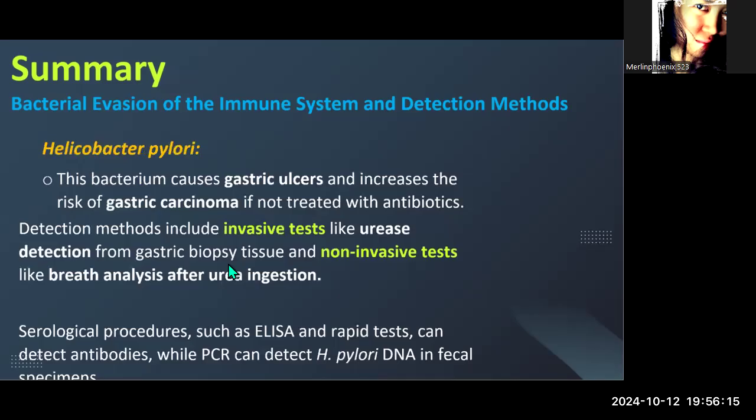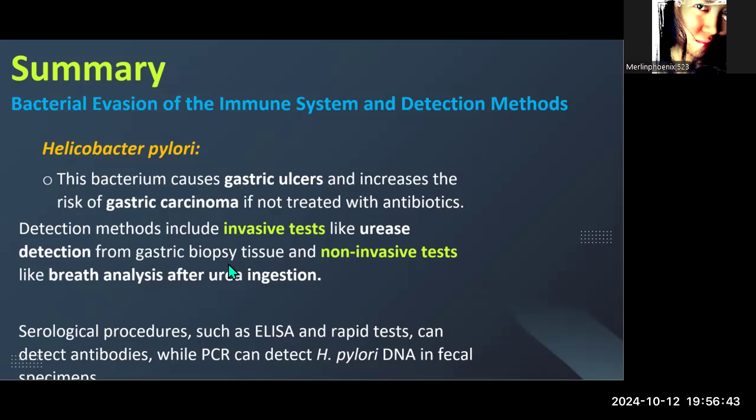For Helicobacter pylori, this bacterium leads to gastric ulcers and heightens the risk of gastric carcinoma or cancer if left untreated with antibiotics. So treatment is really essential. Detection methods encompass invasive tests such as urease detection from gastric biopsy tissue and non-invasive tests like breath analysis following urea ingestion.